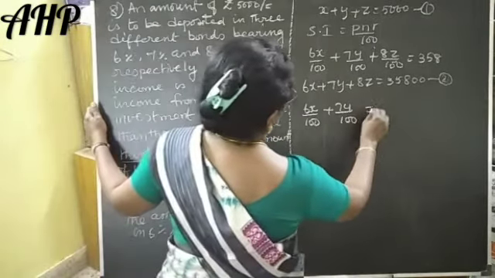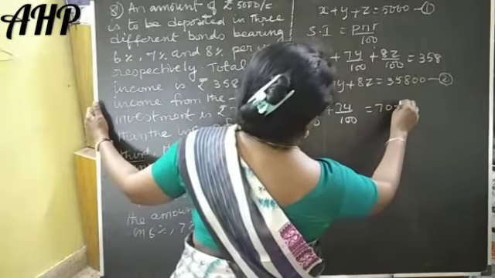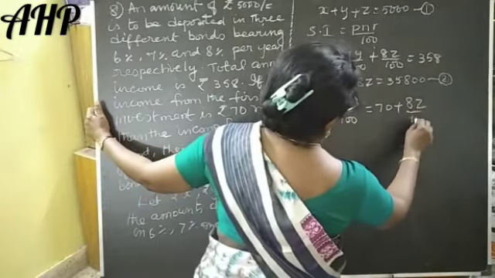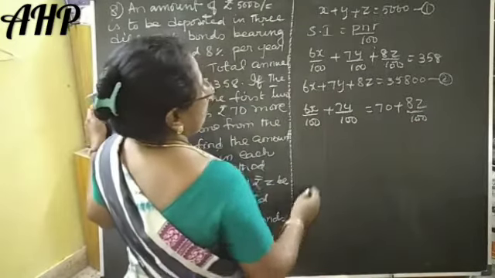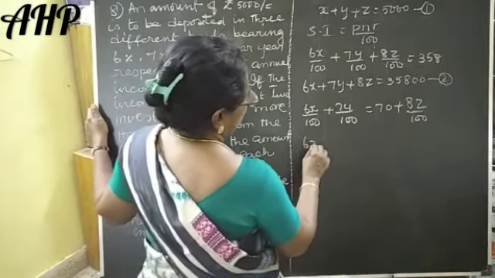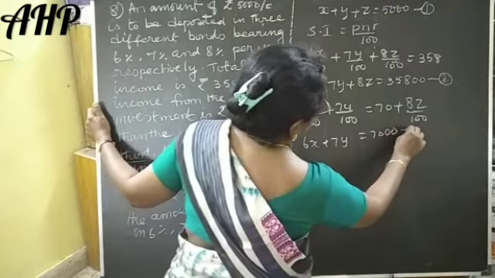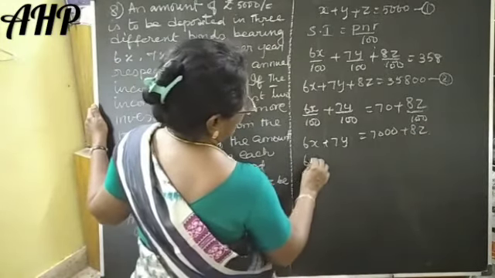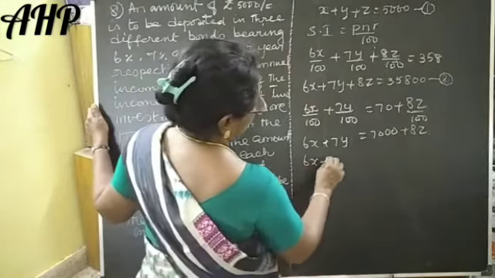So this is equal to 70 rupees plus the third investment, 8z by 100. Now taking LCM again, 6x plus 7y is equal to 7,000 plus 8z. Bring the 8z this side, 6x plus 7y minus 8z is equal to 7,000. This is your third equation.